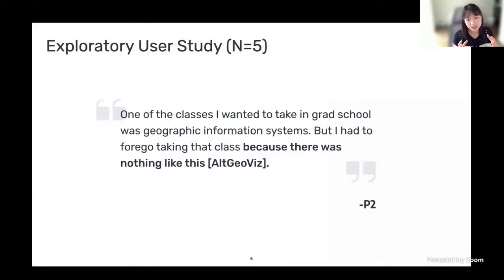So in our exploratory user study, participants responded favorably to AltGeoViz, saying it enabled new interactions with geovisualizations they had not previously experienced. So one of the participants said that one of the classes that he wanted to take in grad school was Geographic Information Systems, or GIS, but he had to forego taking the class because there was nothing like our system back then.